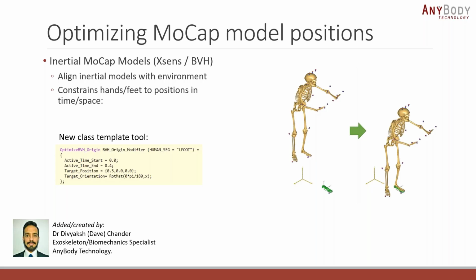But this tool allows you to say that the model should, for example, touch or step on certain positions at certain times, and then it sets up an optimization problem where the model is moved and rotated so that it touches the right places at the right time. Dr. Divash created this small class template tool. A class template is a way to encapsulate any script code, but he created this small tool that makes it easy to set up this kind of optimization problem.